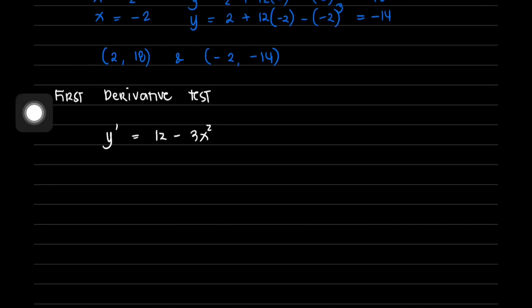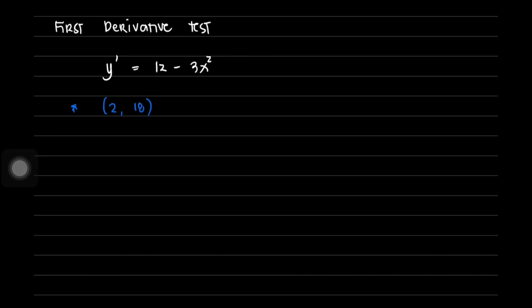Now, if we're going to classify this point, let me just write it here. The first point is (2, 18). Using the first derivative test here, we're just going to substitute a value of x in the first derivative that is less than 2, and a value of x that is greater than 2.